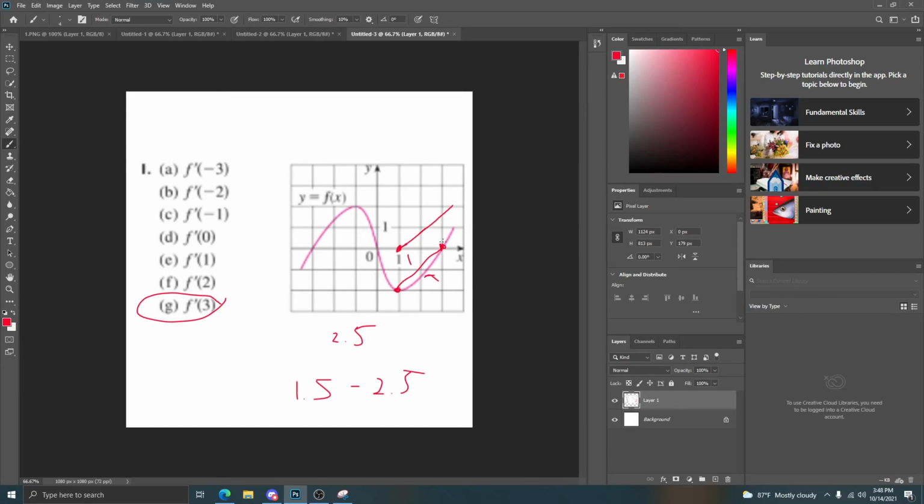And at 3 you're at the end of it, and it's starting to go up more, so it's basically gonna be above this 1. You could think of 1 as the average slope between these areas. Right here is where it starts to plateau more, and it's going to be lower than 1. But right here it starts to increase more and go up, meaning it's going to be greater than 1.